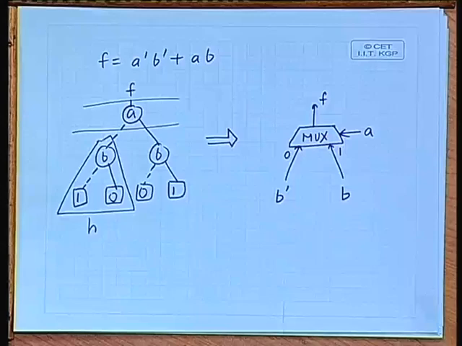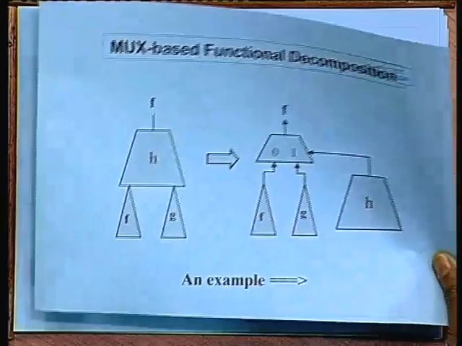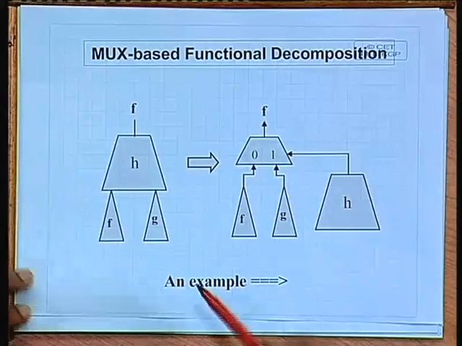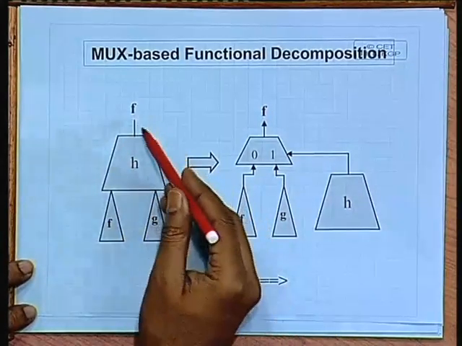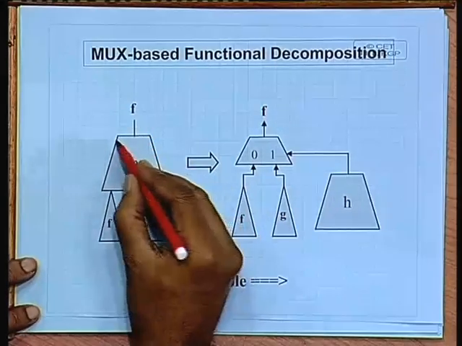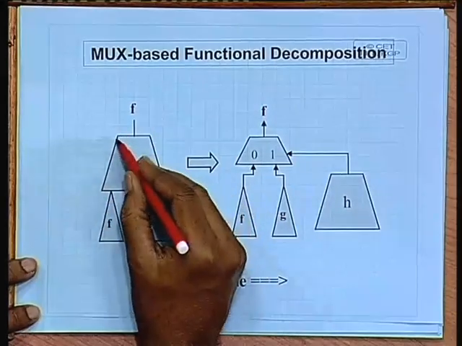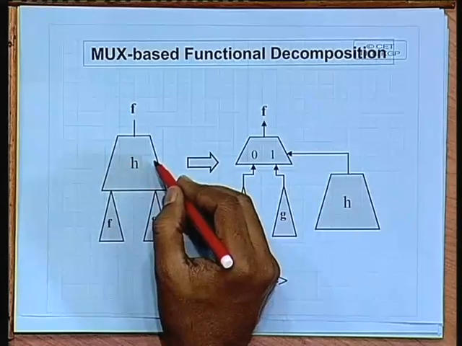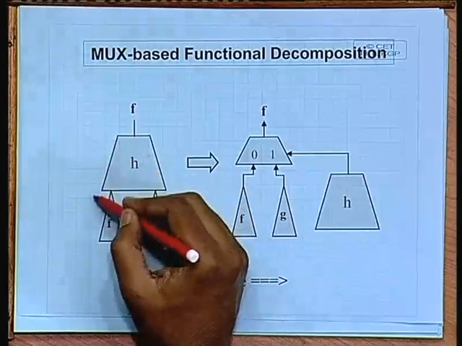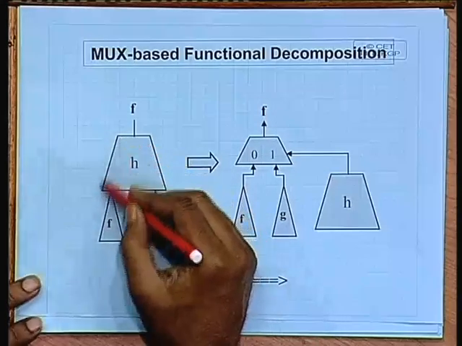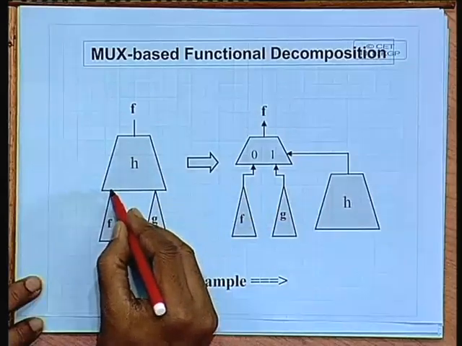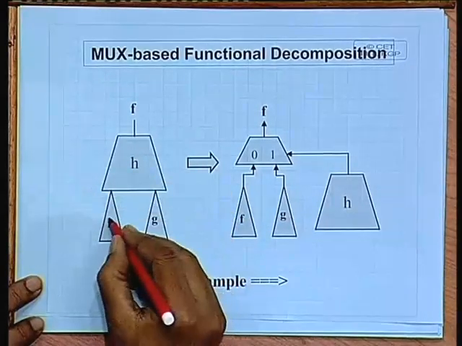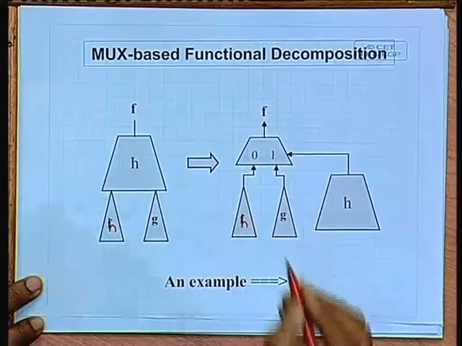And in general, if you have a scenario like this, where you have a general BDD, I am showing it in abstract form, where you have a portion of the BDD, this we are calling H. This H is not a single node, rather this H is a portion of a BDD, and from H you have a point which is feeding to a subfunction.